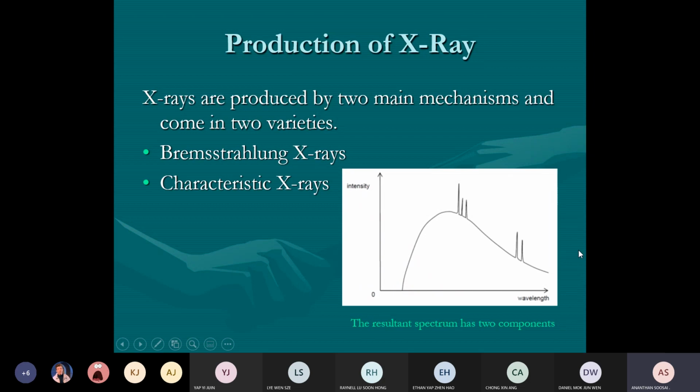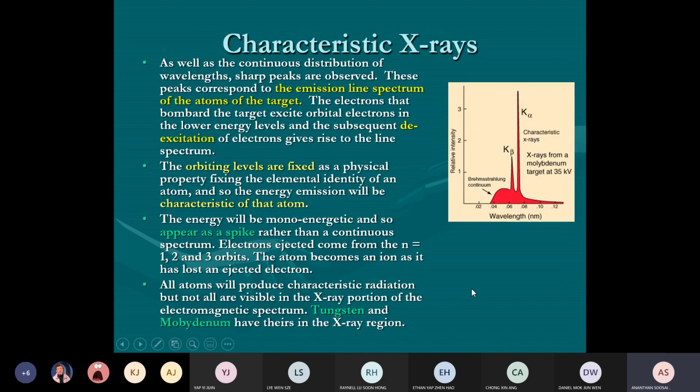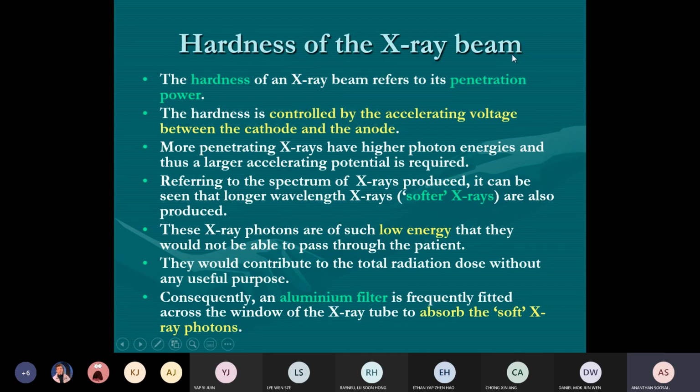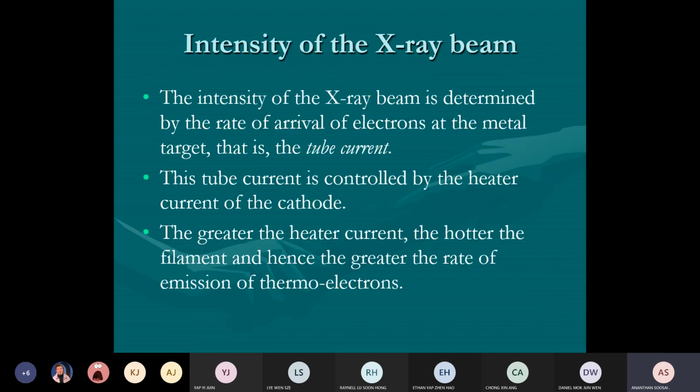Seven marks, explain. Then they ask what is meant by hardness. It's not a calculation question, just facts. How do you increase the hardness in the tube? Raise the voltage. And how do you increase the intensity? Raise the tube current.